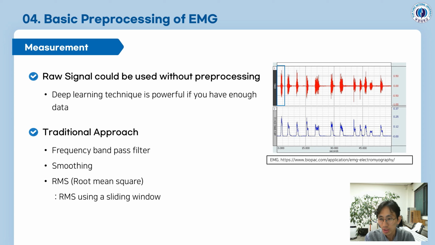But the traditional approach is doing some kinds of pre-processing. And the first one is a frequency band pass filter. It differs by researcher. Some researchers use 8 to 200, or 10 to 500, or even 0.1 to 200 or 100 hertz.